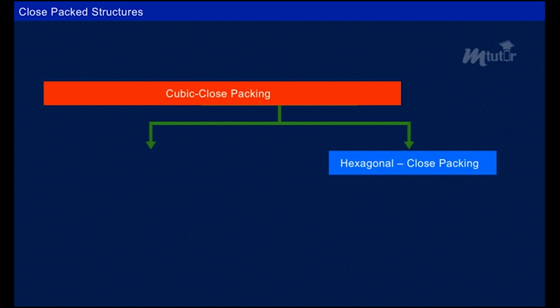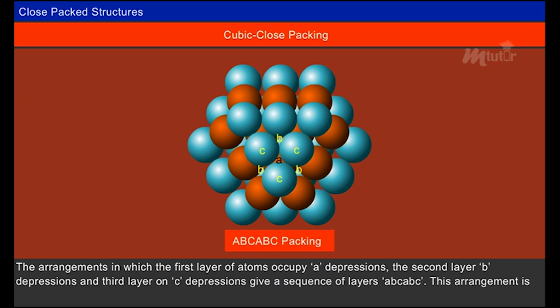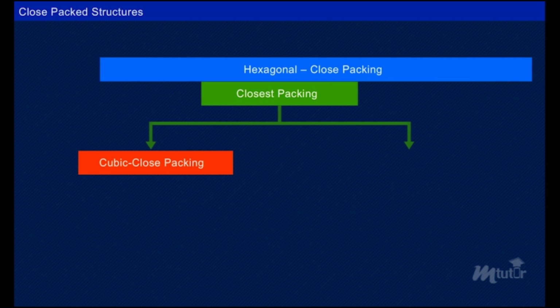Cubic close packing. The arrangement in which the first layer of atoms occupies A depressions, the second layer B depressions, and the third layer C depressions gives a sequence of layers ABC ABC. This arrangement is known as cubic close packing, that is CCP. Hexagonal close packing.